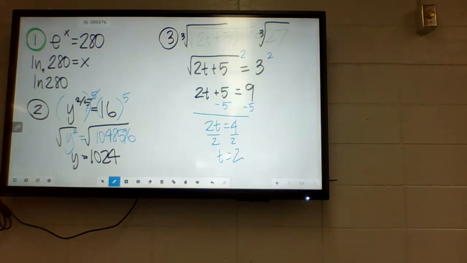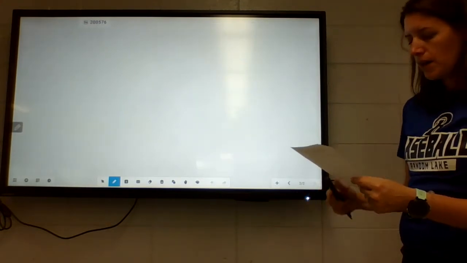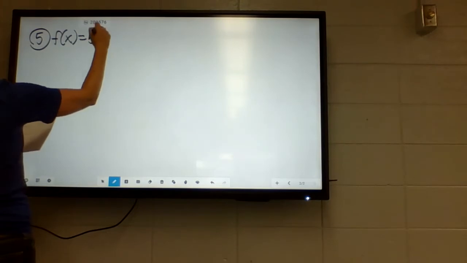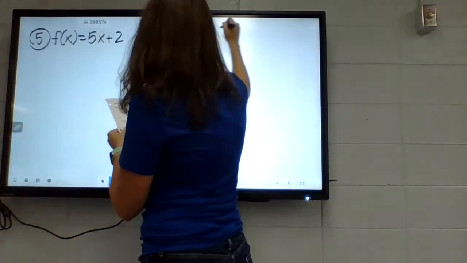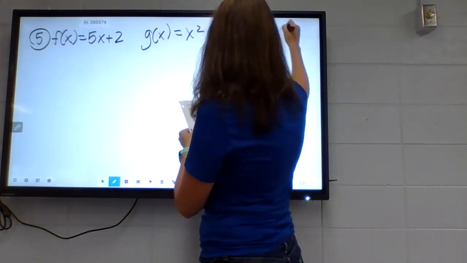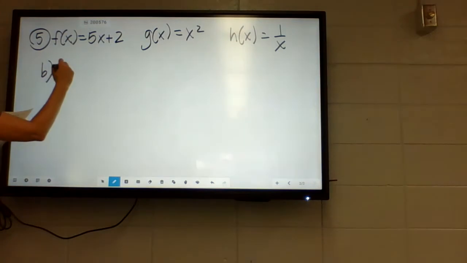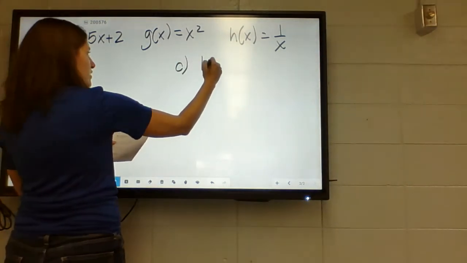All right, so let's go to number 5. So they tell us that f of x is 5x plus 2, g of x is x squared, and h of x is 1 over x. They want us to do g of f and then h of f.